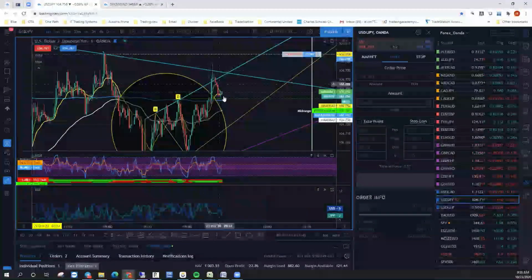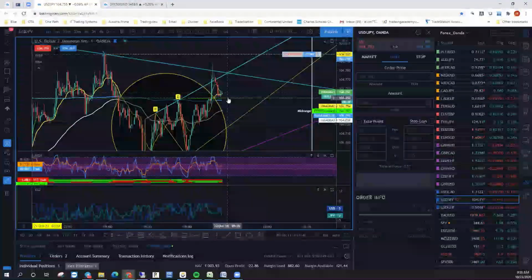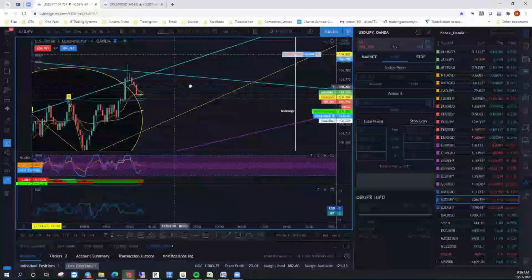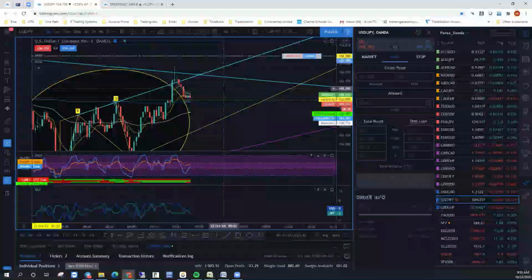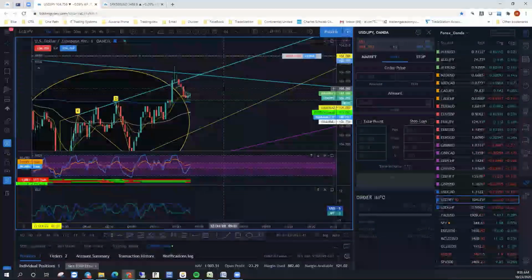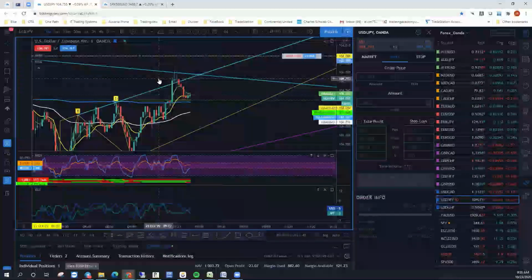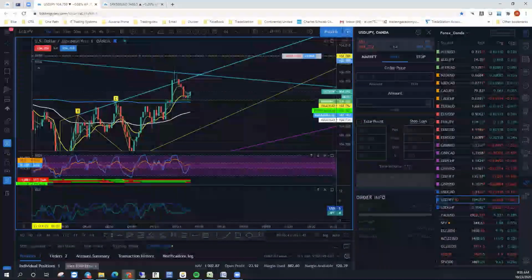Now here's the pass, here's the check. Keep in mind we're on a 1 minute chart, so those are still small candles.